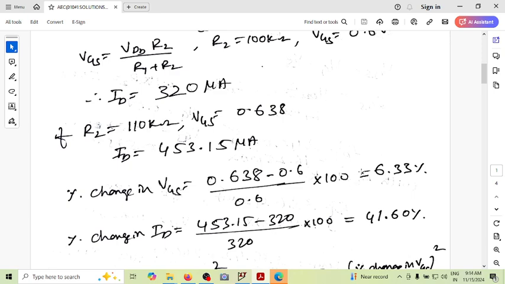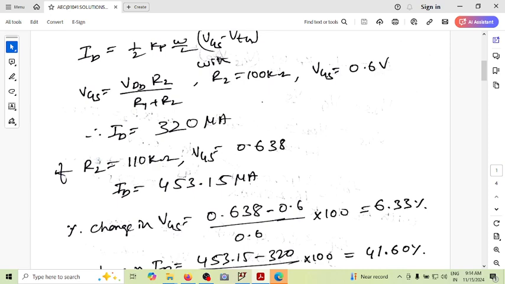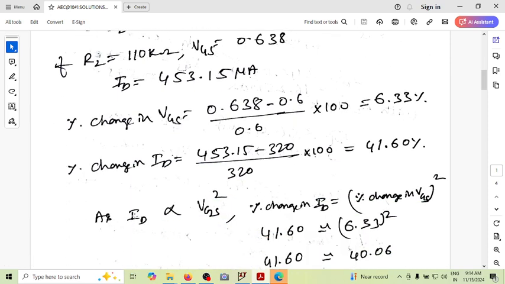So how do we see this change in VGS, which is hardly 6.33, but the change in ID is almost 41%? As we know, ID is proportional to the square of VGS. So that's what this relation is telling. So the percentage change in ID will be equal to the square of the percentage change in VGS, which is obviously here 6.33 whole square, around 40.66.